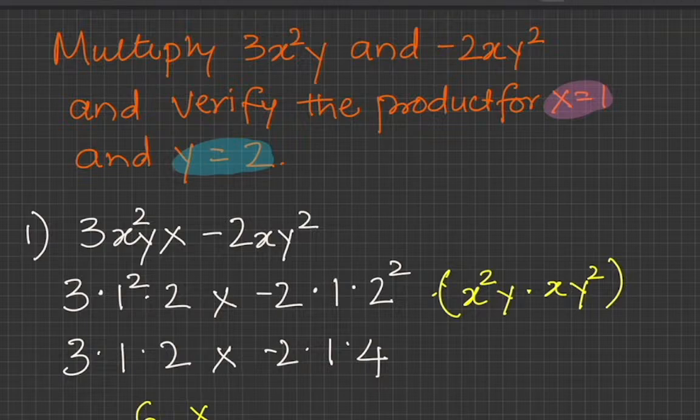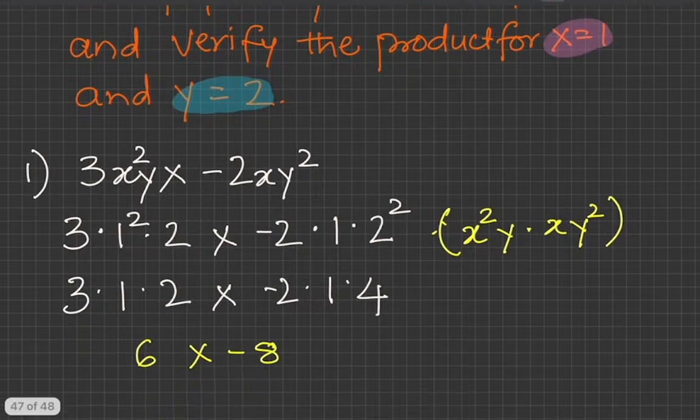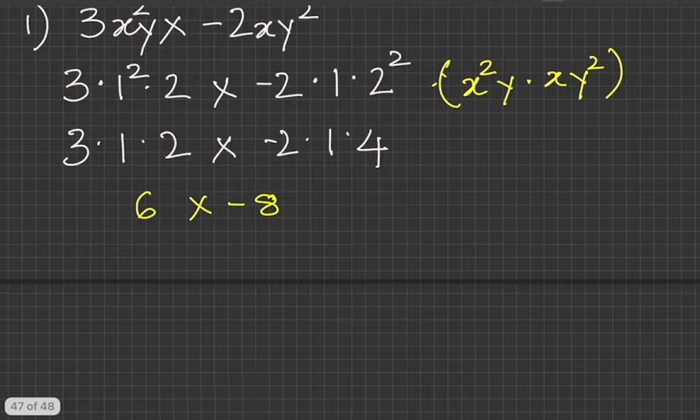Negative 2 times 4 is negative 8. That will give me negative 48. So this is the product of my numeric coefficient, that is negative 48.